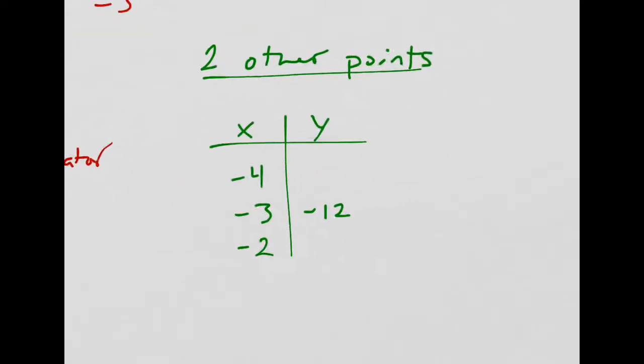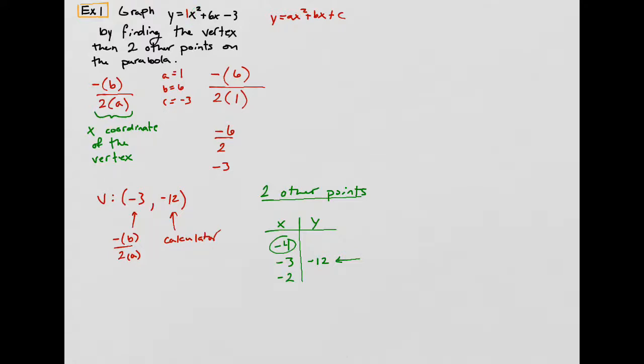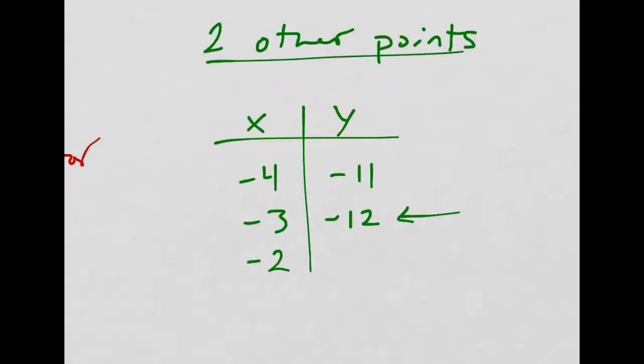Because this is the vertex, I don't need to calculate the second y-coordinate, because it will be the same as that coordinate. So, put -4 in for x. What do I get? That's 16 plus 6 times -4, which is 16 minus 24, minus 3, and that equals -11.